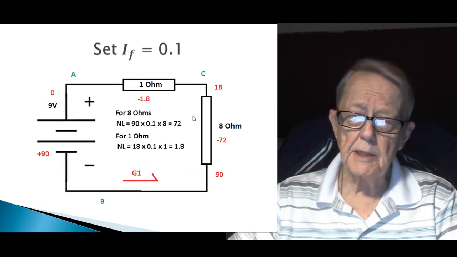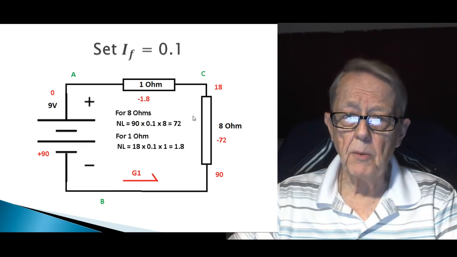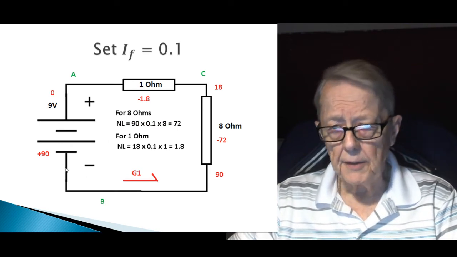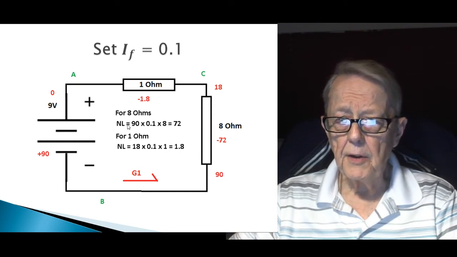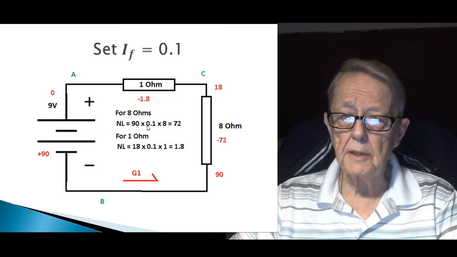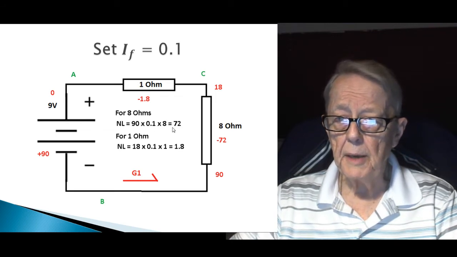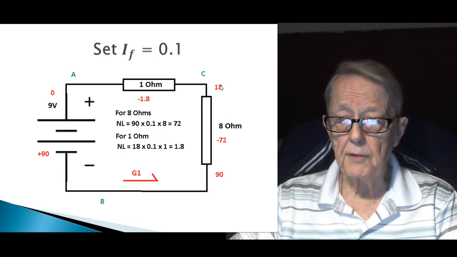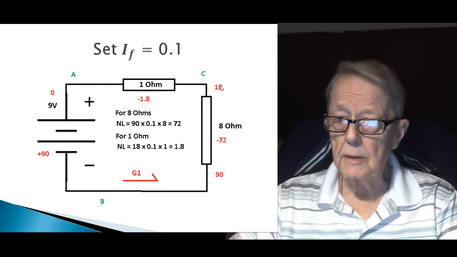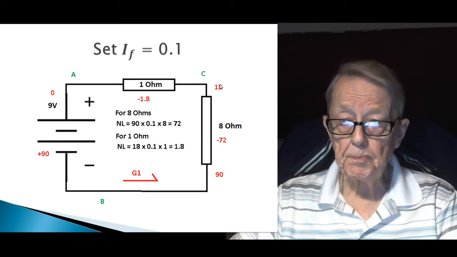Okay, so I set it to something different. Let's take 0.1. And you've got the 90 coming into the 8 ohm resistor. When you calculate the number lost, you get 90 times 0.1 times 8 is 72. Okay, I lose 72 and I have 18 left. All right, that works. I don't get a negative number.